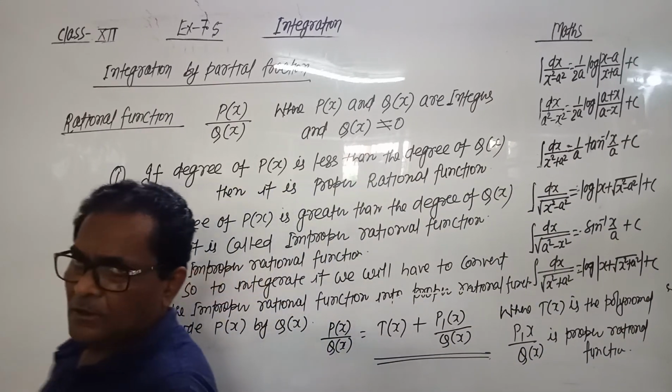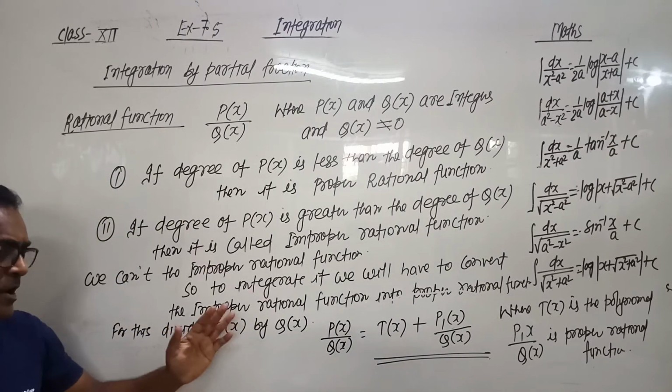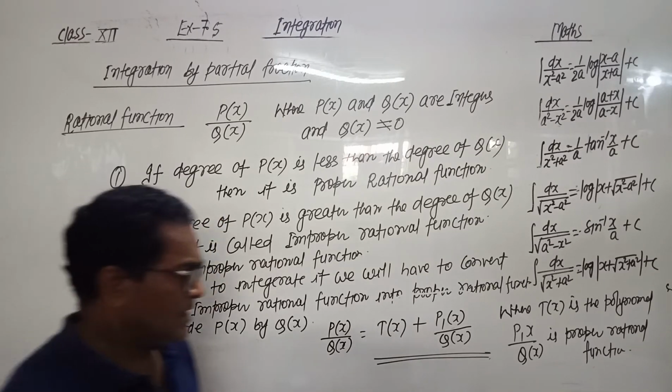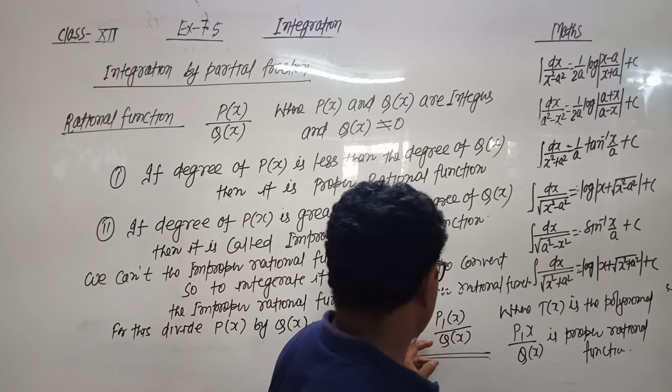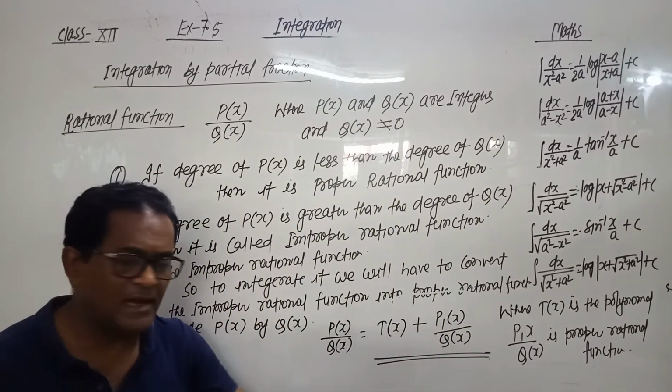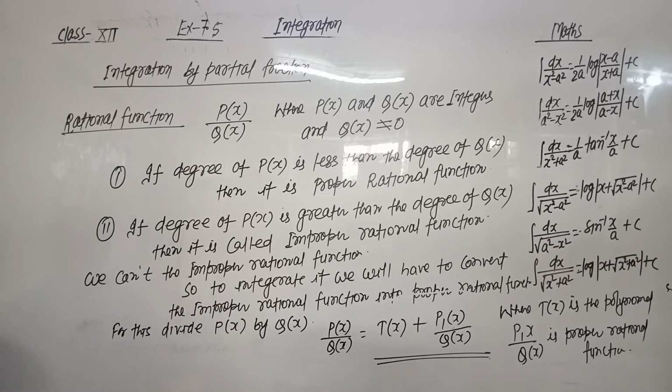So the improper rational functions can't be integrated. To integrate it, we divide px by qx, then it comes to this form, px plus p1x upon qx, where px is the polynomial and p1x upon qx is a proper rational function.